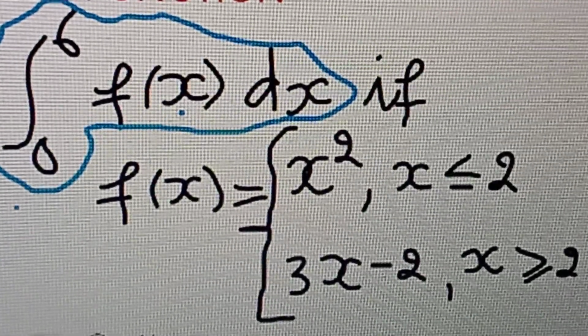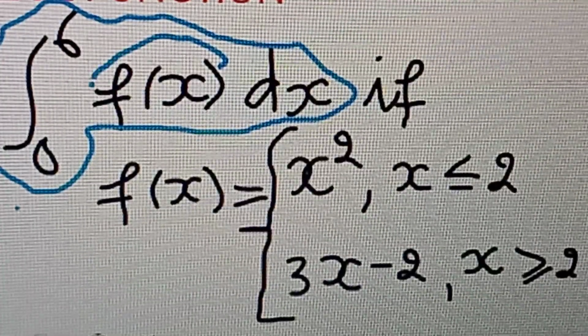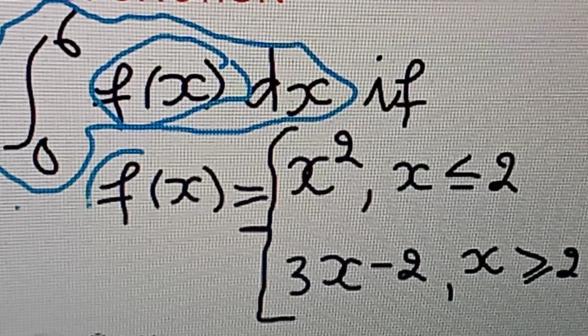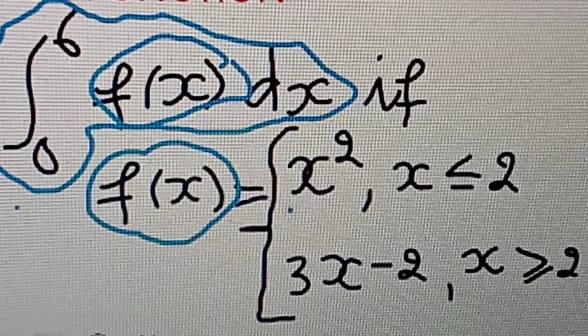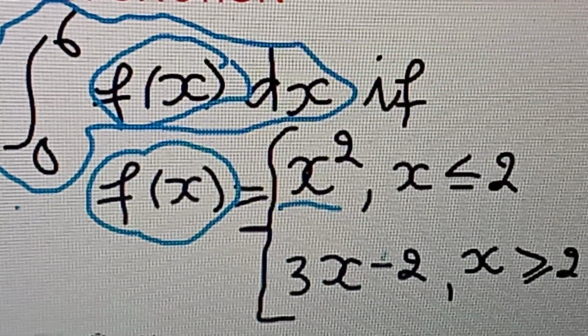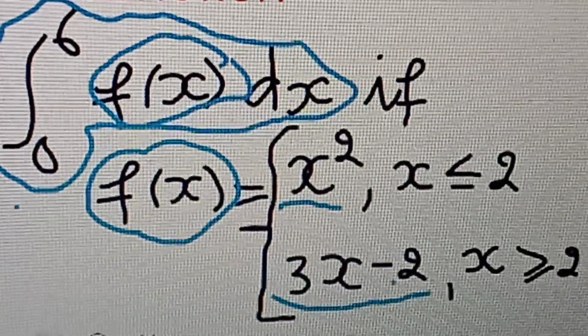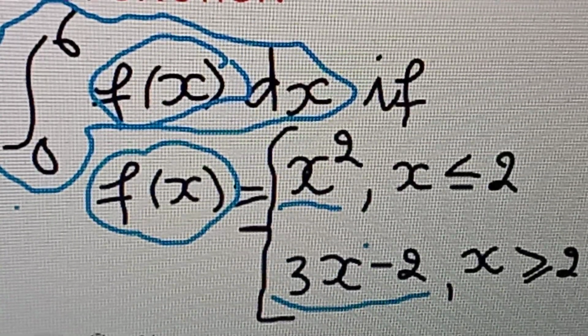And now we define the form of this function. You see, the function f of x for our example is defined by x squared and 3x minus 2. You see that now we have two different functions.